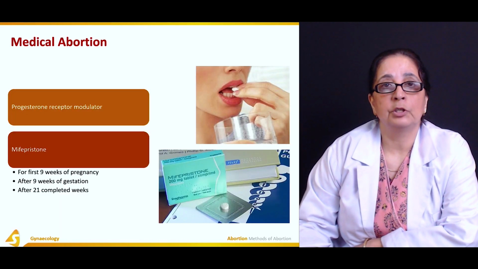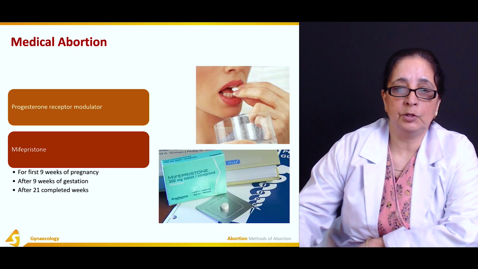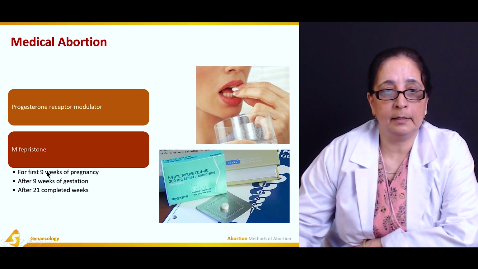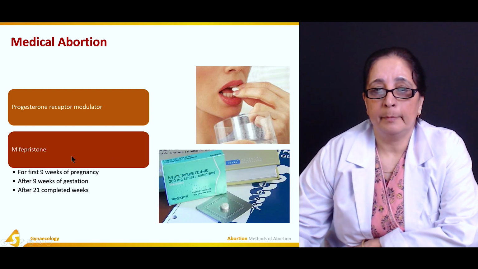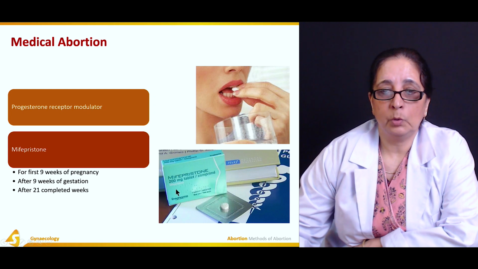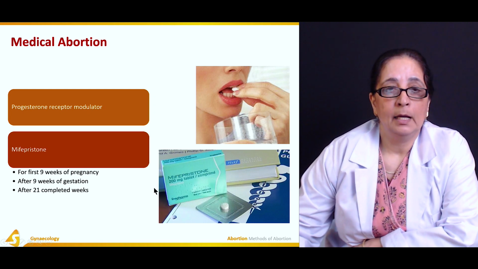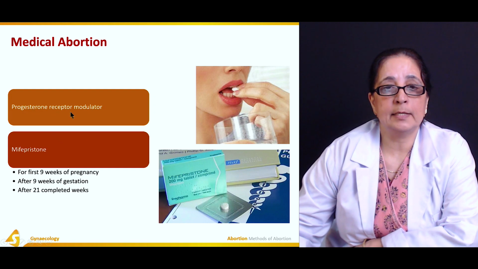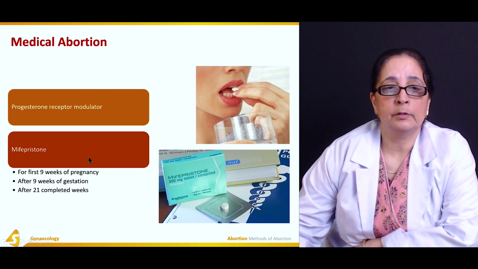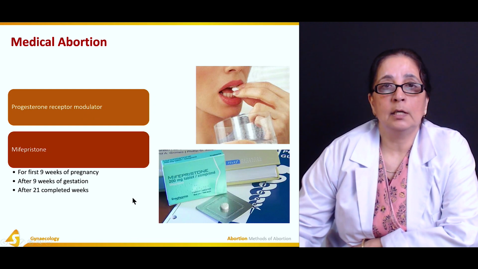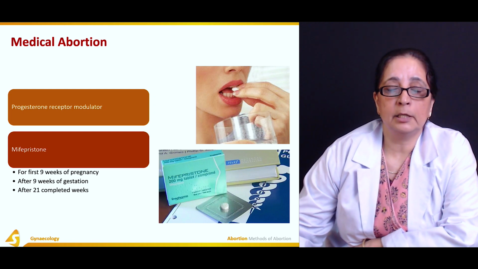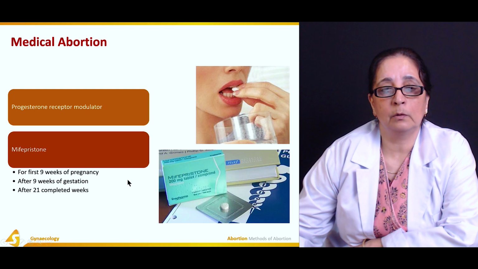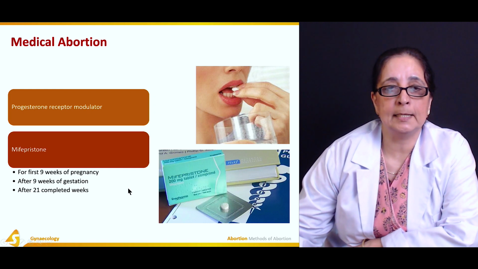So medical abortion is usually done by medicine. It's called mifepristone. Mifepristone, 200 milligram tablets, and this is a progesterone receptor modulator. Progesterone is very important for the continuation or progress of pregnancy.